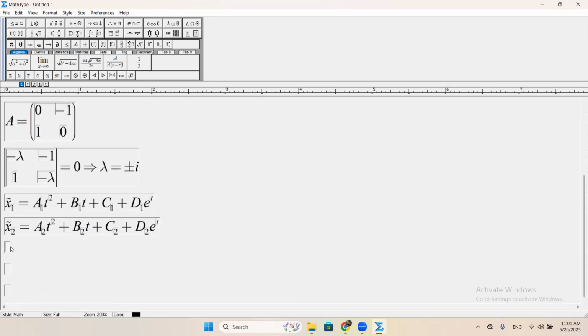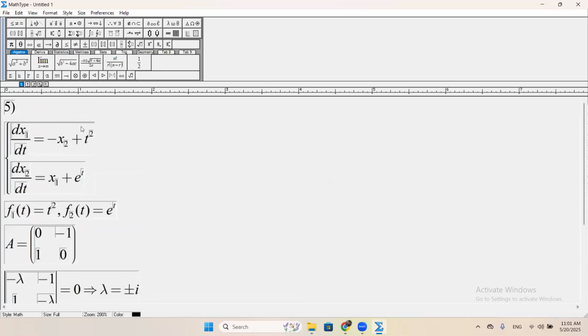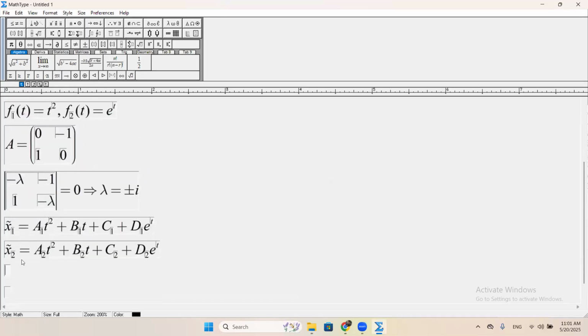And now we will substitute them into the initial equation. But first of all, of course, let us differentiate. So x1 prime equals 2a1 t plus b1 plus d1 e to the power of t.